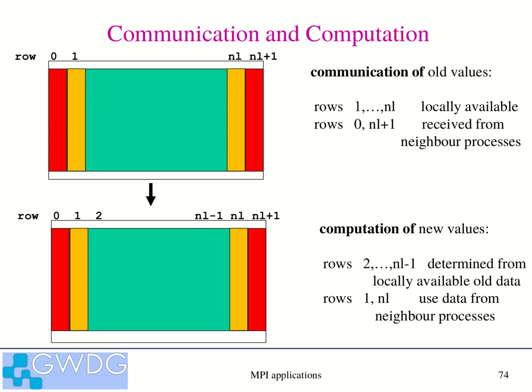So from this picture, you can see you can do the computation of columns 2 to nl minus 1 before communicating the boundary values. You can do this: compute the new values in columns 2 to nl minus 1 before the communication of the remaining values in the boundary has completed.